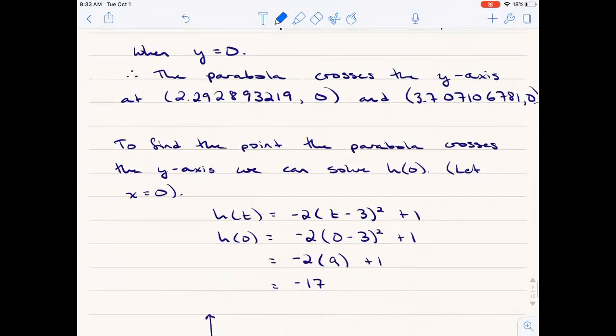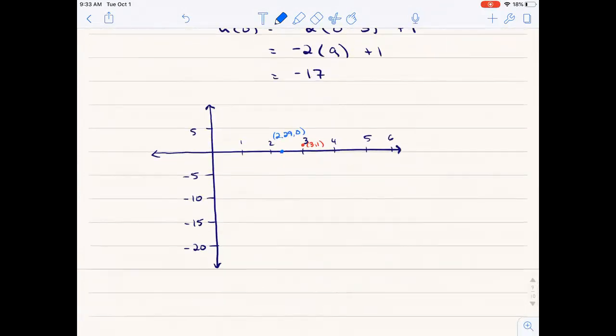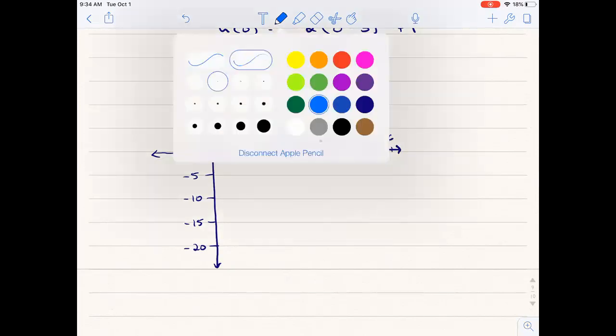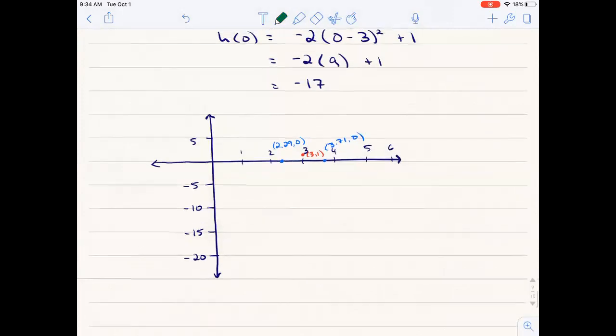And the other one was 3.71, let's put it here. And 0. And I also know that it crosses the y-axis, and this is the one that threw us for a loop, here at 0, -17.